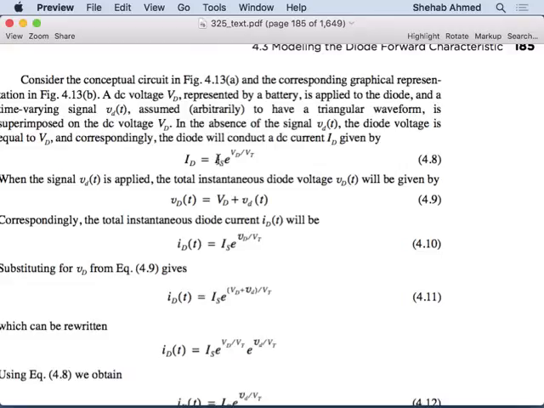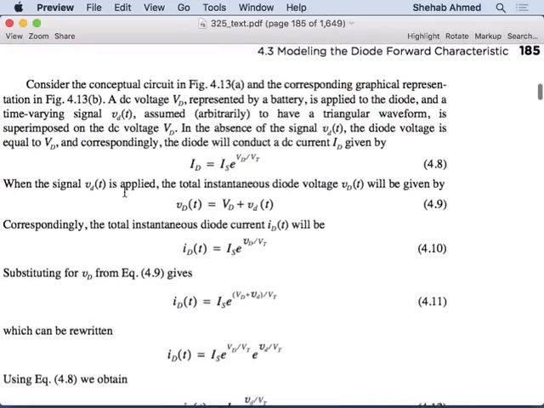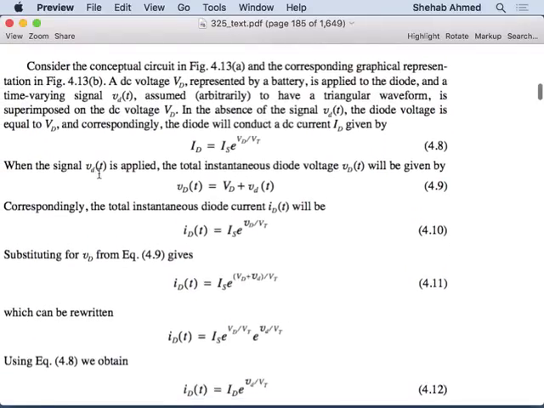We said that I will now change the voltage that I'm applying. So when the signal vd of t is applied, the total instantaneous diode voltage will be given by, so the voltage across the diode is now my DC voltage plus the small signal.